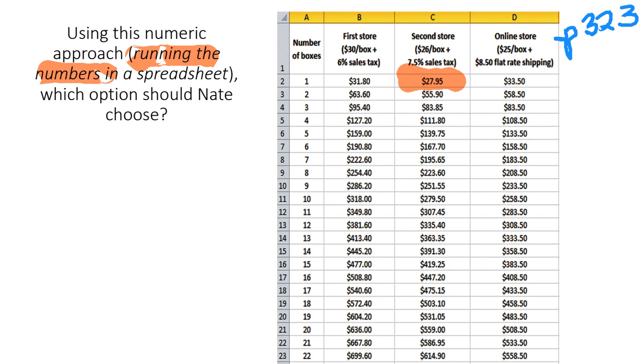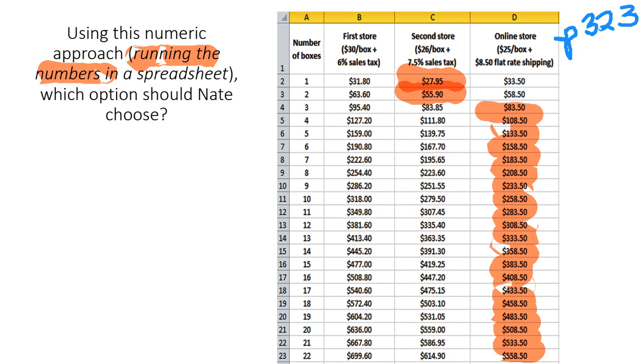Row 2, notice the cheapest is in my second column. But when I go and buy 3 or more boxes, notice that my online option is always going to be the cheaper amount.